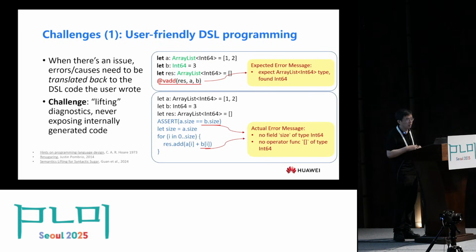But if we expand the macro, we can see that the code below accesses the size field of B. Also, it uses the indexing operator to access the elements. So we'll get complaints like there's no size field for integer type, or there's no indexing operator for integers, which would look totally confusing to these domain programmers.